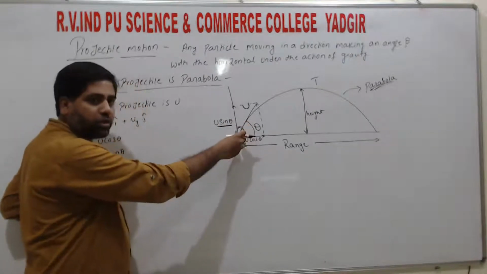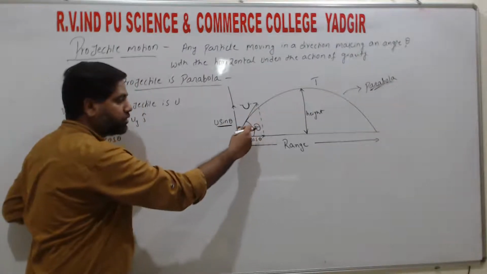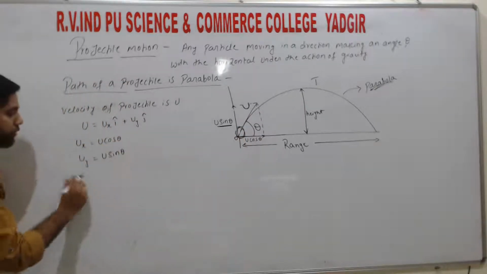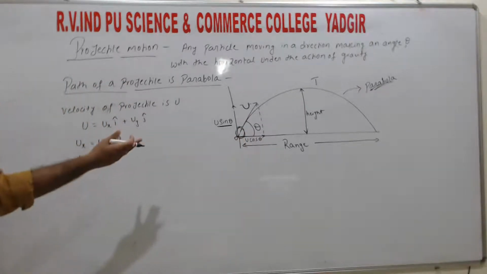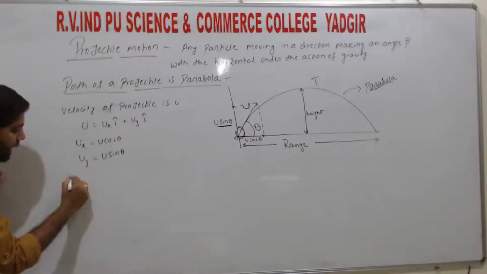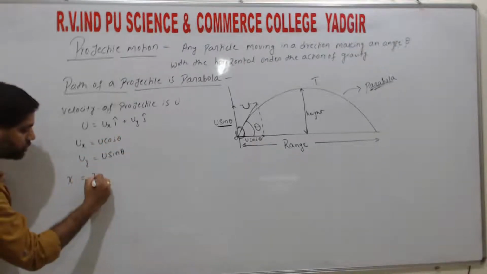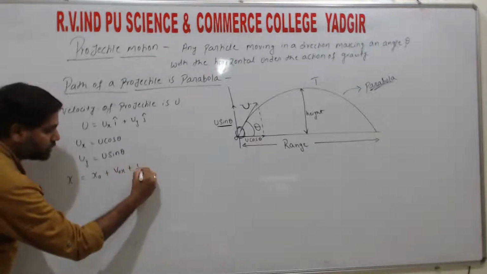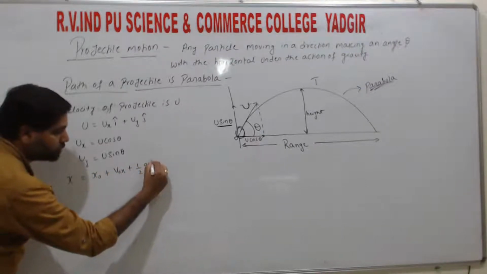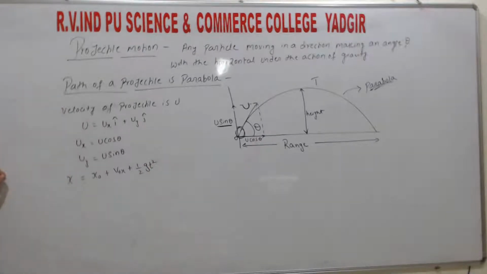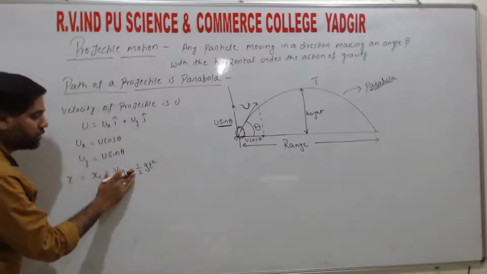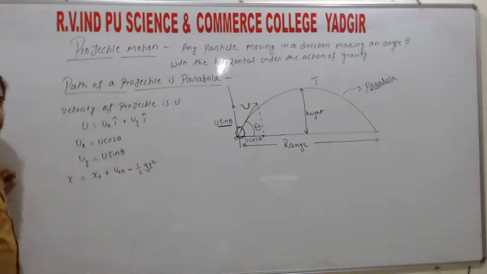The initial position of the object we projected starts from the origin, right? So if we write the displacement equations for those, we have x equals x0 plus v0x t plus half a t square. For vertical motion we take minus half g t square.